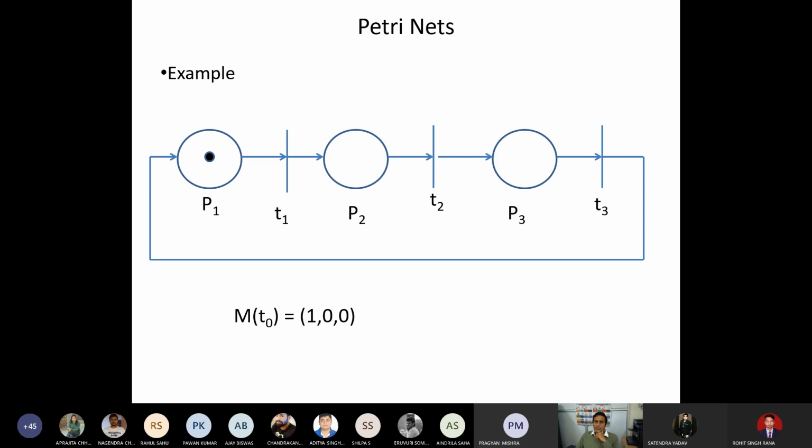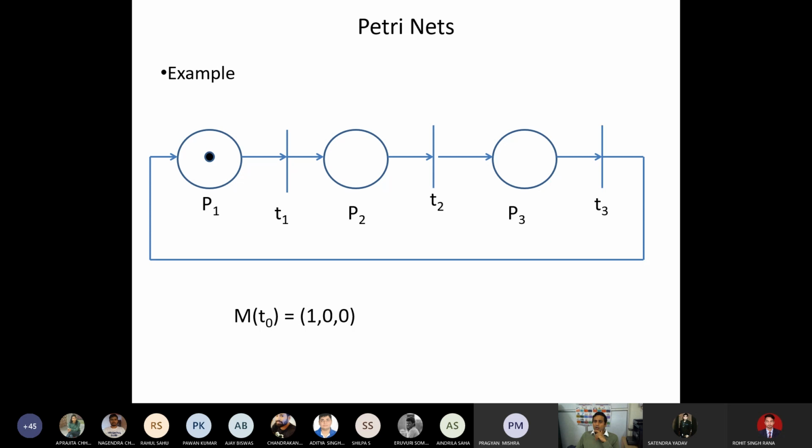Now this input place has one token, so T1 will be fired. That means this transition is carried out first. After that, the token is removed from the input place and added to the output place. That means the token is moved to place P2.